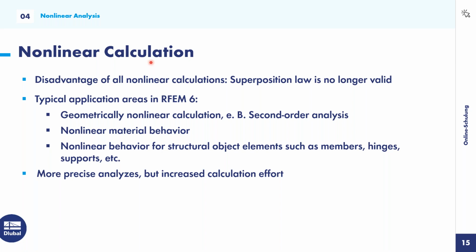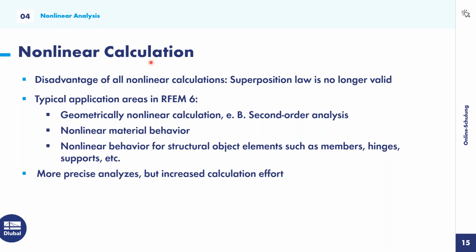In our first online training, we have already discovered one nonlinear analysis. This was a geometrical nonlinear calculation. So we got the equilibrium of our results according to the second order analysis, so at a deformed structure.